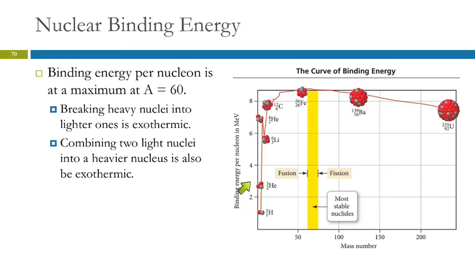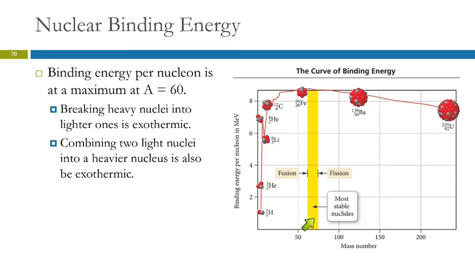That's why you're not familiar with them. Here we've got helium-4, lithium-6, carbon-12. The maximum comes at a mass number of 60, which is right in here. Iron-56 is real close to that. And then as we get to larger and larger ones, this binding energy per nucleon starts to go down again.